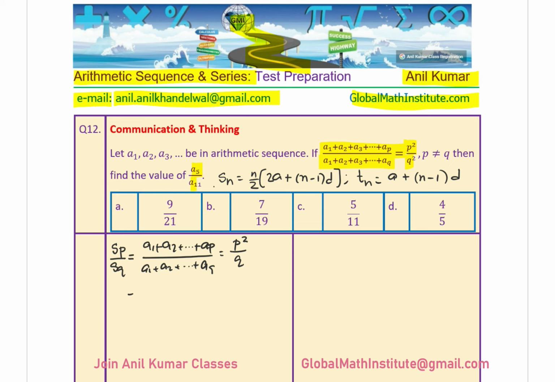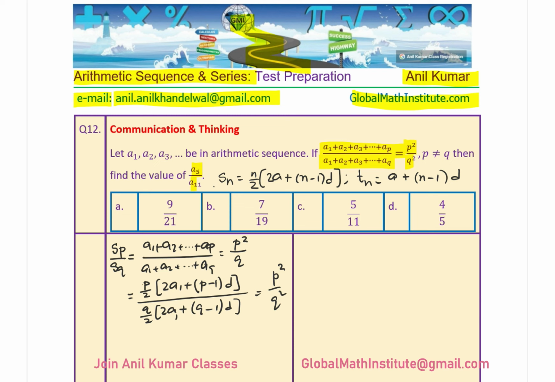Now, using the formula, we can write this as p over 2 times (2a1 plus (p minus 1) times d), there being p terms with common difference d, over q over 2 times (2a1 plus (q minus 1) times d). That becomes the ratio, which should be equal to p squared over q squared.